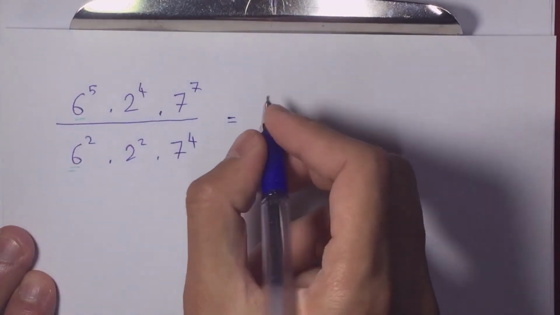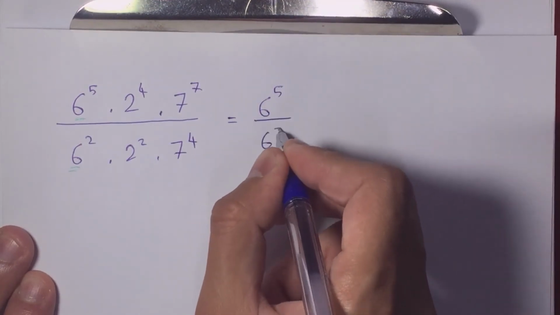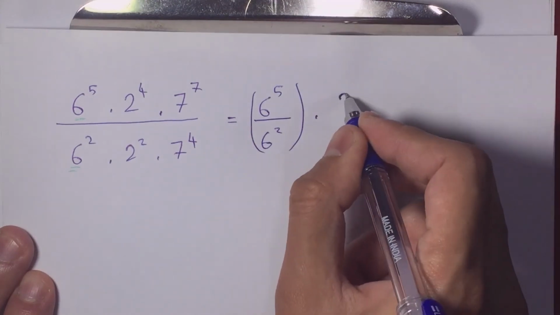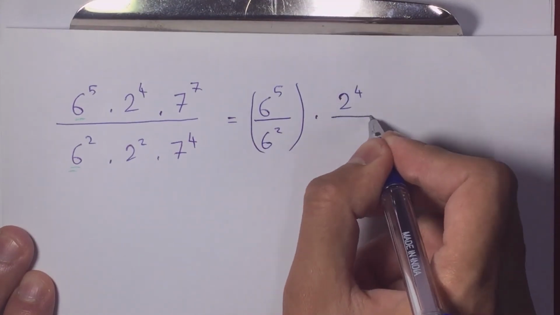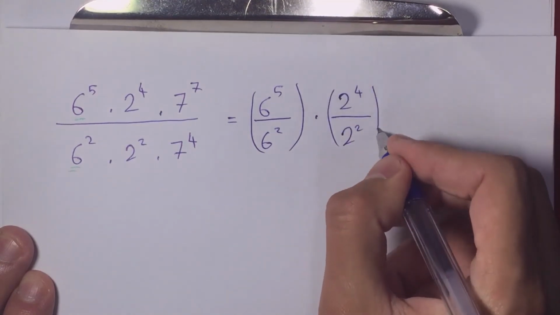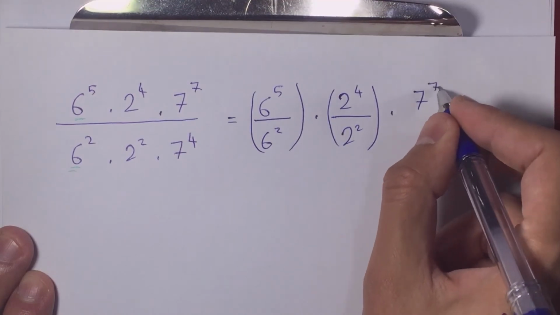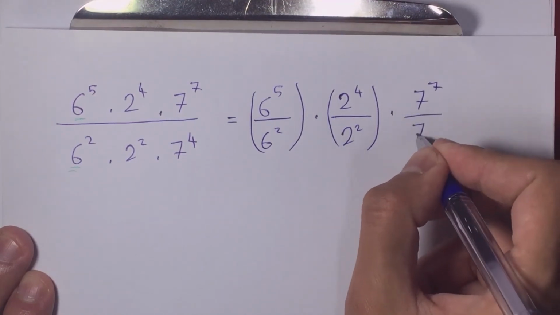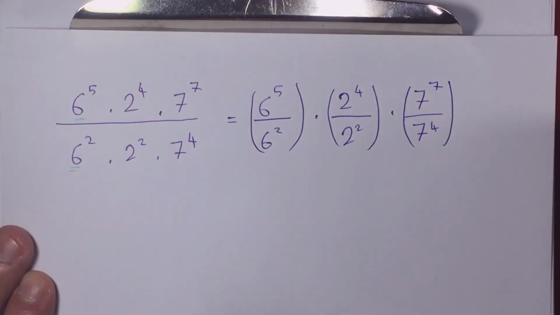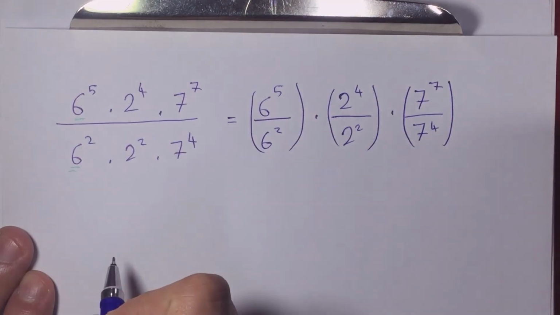Okay, so we can write 6 to the 5th divided by 6 squared, times 2 to the 4th divided by 2 squared, times 7 to the 7th divided by 7 to the 4th. And then we can apply our rule to each one of these fractions.